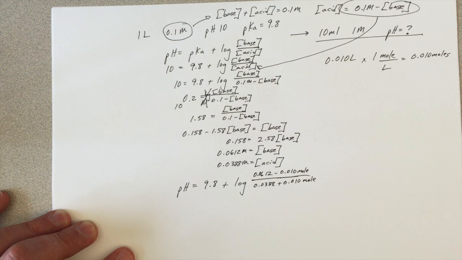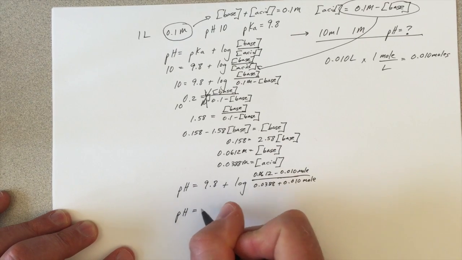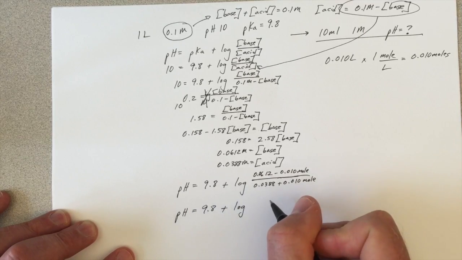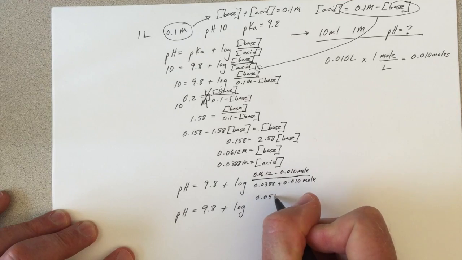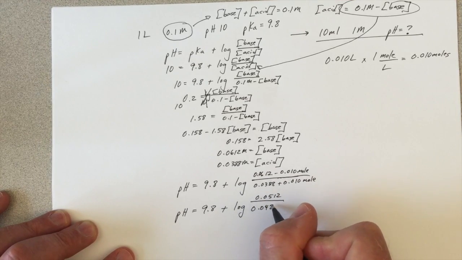So really what I end up with is pH equals 9.8 plus log of 0.0512 over 0.0488.